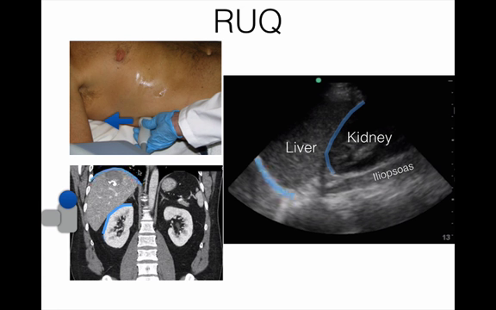So the diaphragm is up here, and because the indicator dot points up, the diaphragm will be right here. And so this is really important when you're looking for pleural effusion or hemothorax. And I'll get to that in a second. The last are the vertebral bodies right here, which kind of look like humps or ridges that are deep to all the other structures.